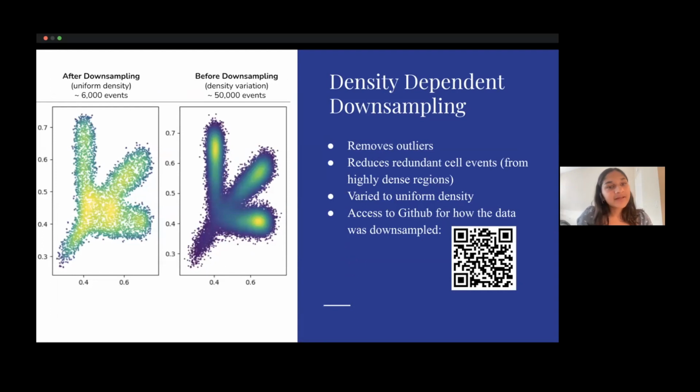I implemented that, and density-dependent downsampling removes your outliers. It removes the redundant, repetitive cell events in the denser regions, and it leads to more uniform density. It also lowers our events, as we can see, from 50,000 to 6,000 events in this example. If you want to learn more about how I implemented this density-dependent downsampling, feel free to scan the QR code to my GitHub.